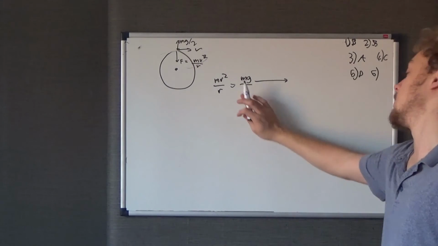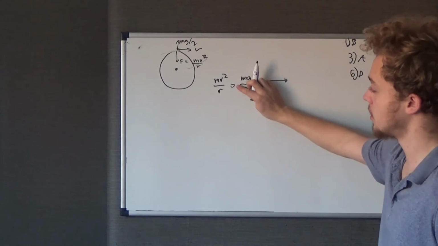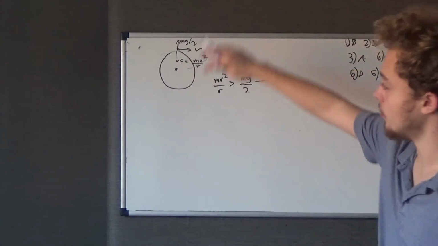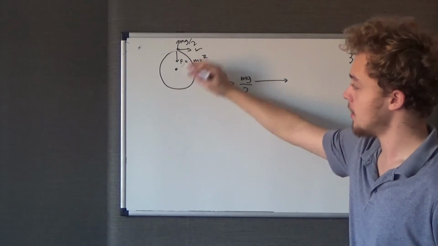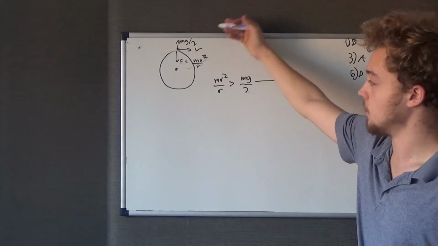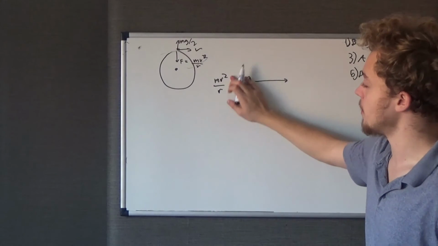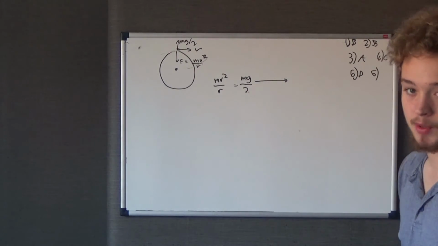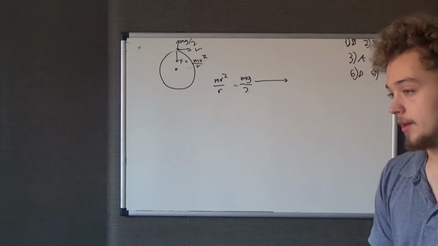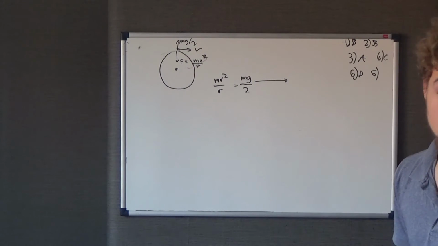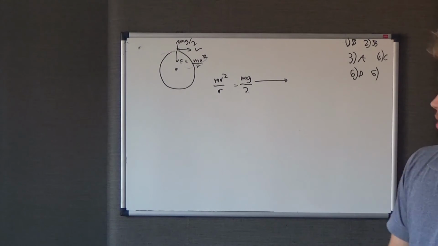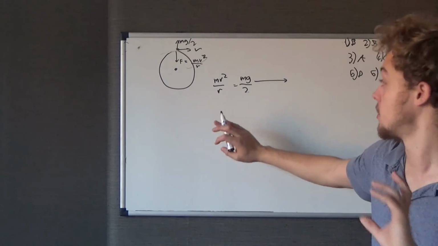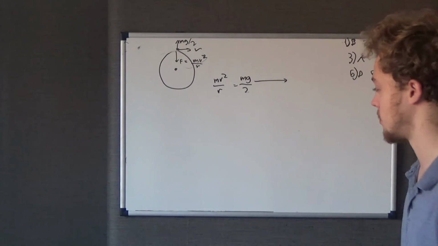When the centripetal force is greater than the force pulling it outwards, it will start to move in, and when this is greater than that, it will start to slip out. But you don't have to put the greater than or equal to signs in here, because it's not saying, given a certain speed, will it slip at this point? It's just saying what speed will it start to slip at. So at this point, it is starting. It's not slipping; it's starting to. Just be aware of the terminology there.